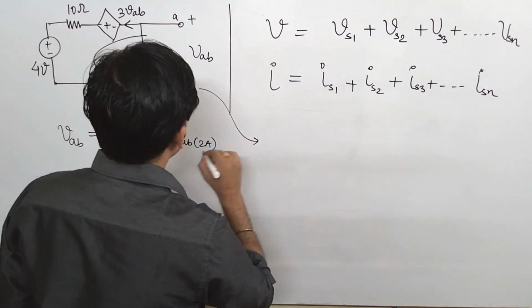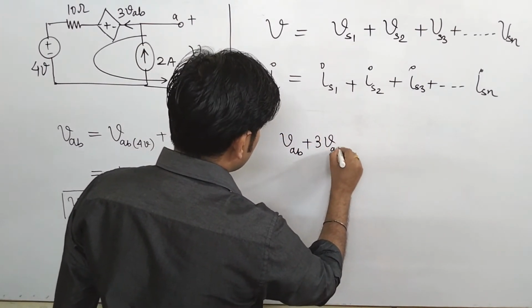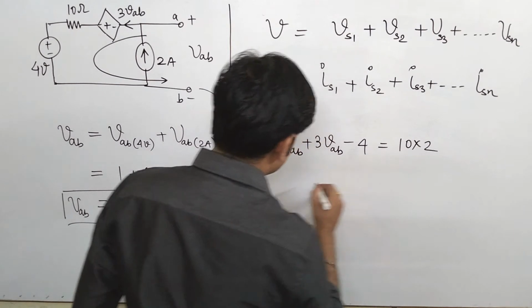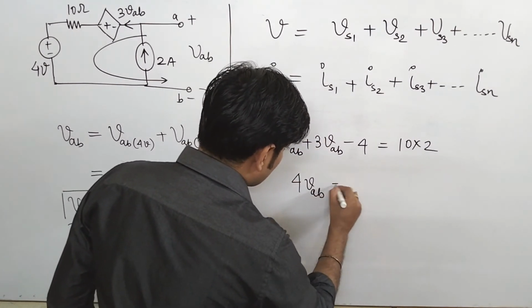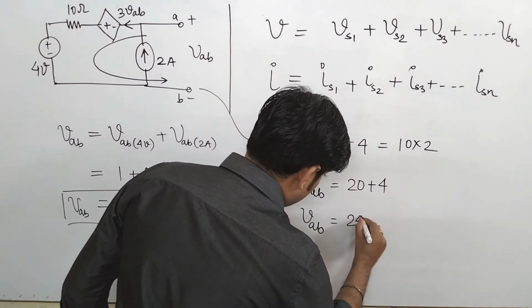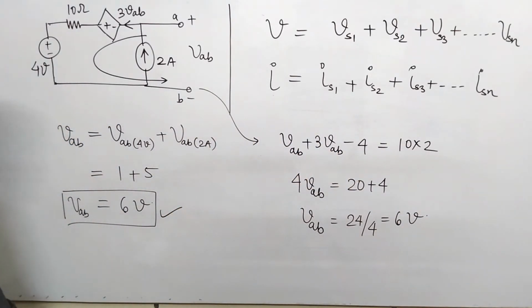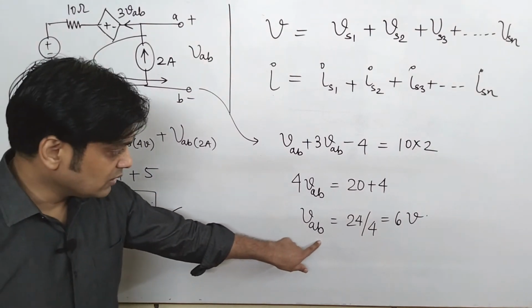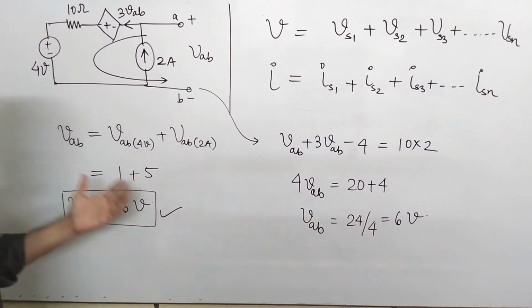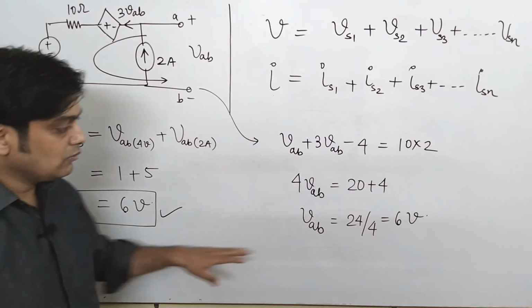So it comes to be VAB plus 3 VAB minus 4 equals 10 into 2, so 4 VAB is equal to 20 plus 4, so VAB comes to be 24 by 4, that is 6 volt. So whatever VAB we found because of the 4 volt and 2 ampere sources is correct when we consider both sources in the network. We have proved that this is the way to find the value of VAB.